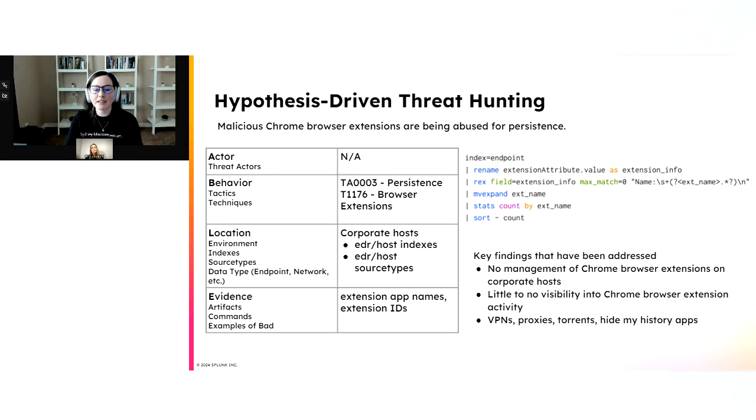The last finding was your typical suspicious type applications. We found VPNs, we found torrents being installed and used by users. All of these things have been addressed since, especially the management of the Chrome browser extensions. We now only allow an approved list of extensions that you can install on your host.